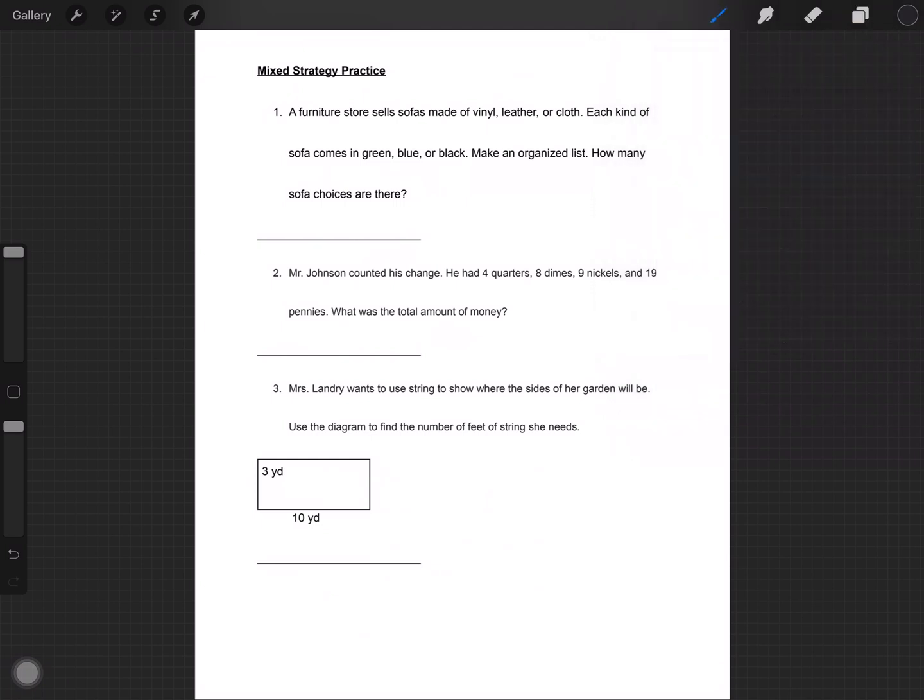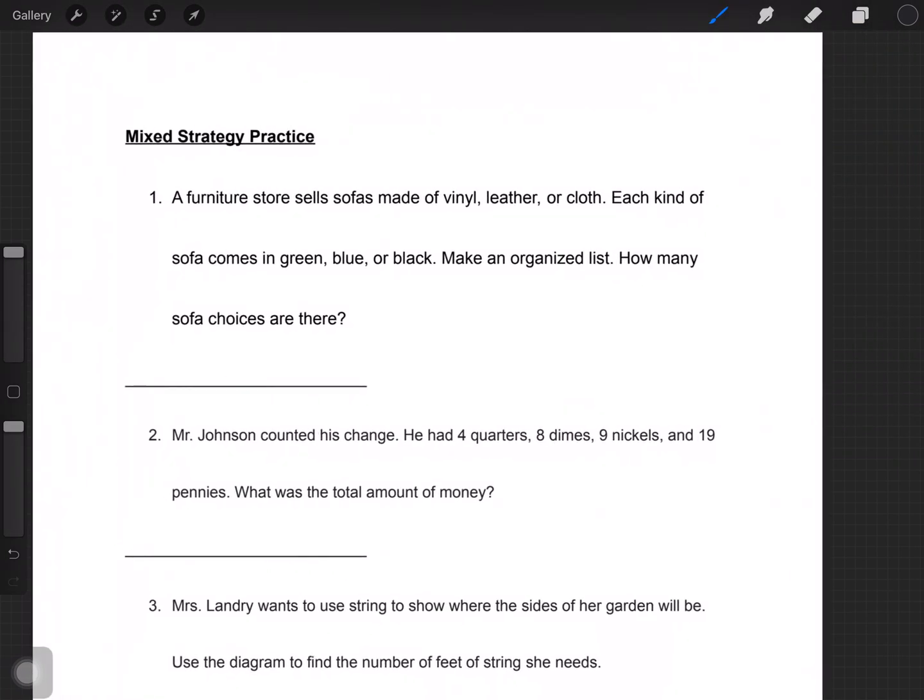The next page that we have says, all furniture stores sell sofas made of vinyl, leather, or cloth. Each kind of sofa comes in green, blue, or black. Make an organized list. How many sofa choices are there? So I'm not going to make an organized list, but I think you should do so. Essentially how you do this kind of problem is you say, okay, well there's 2 categories.